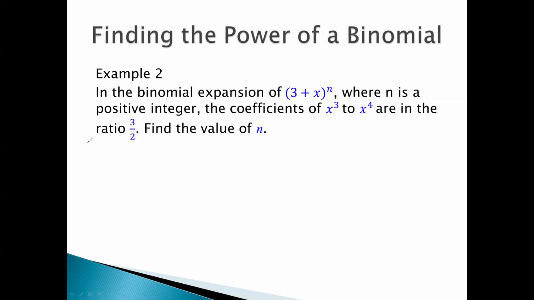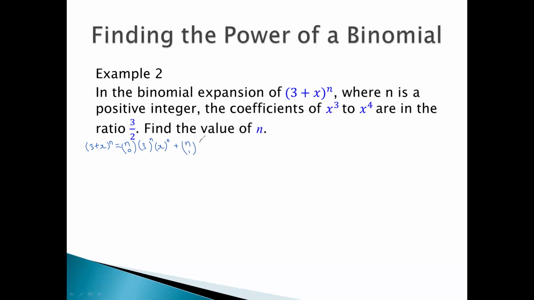So (3 + x)^n. I'm going to write smaller because there will be a lot of working. n choose 0. How many terms do we need? We need until the x to the power 4 term. So I'm not sure what it is yet. 3, x. Power comes up 0, n.